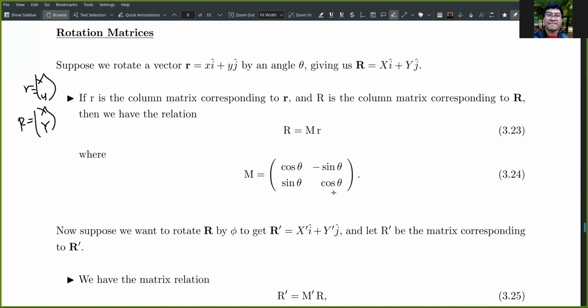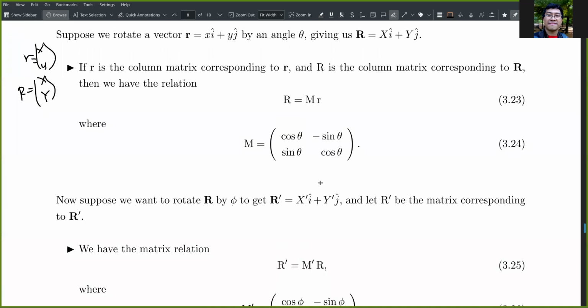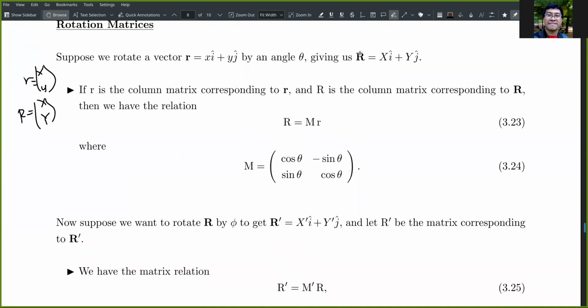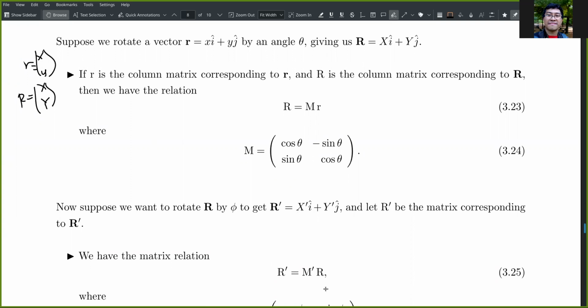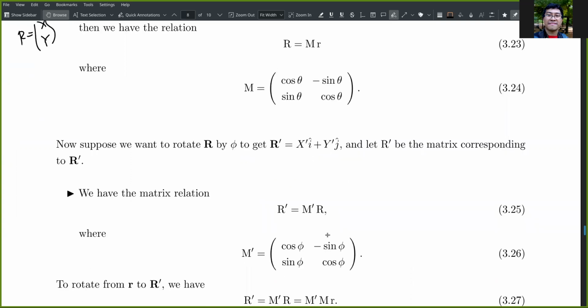This is the rotation matrix, which we will not derive, but we'll use this. Suppose we want to rotate this capital R by phi to get R prime. So in matrix notation, you have R prime equals M prime times R, where M prime is this matrix.